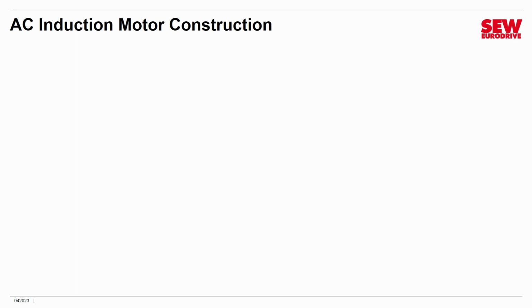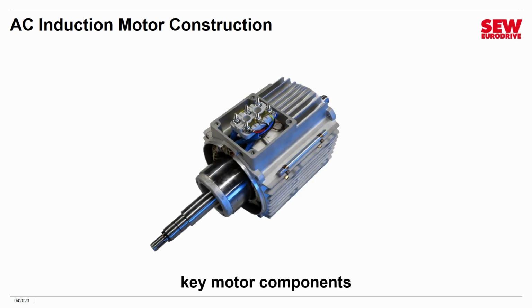So what are the parts of an AC induction motor? Of course, you have some things that are pretty obvious, like what's called the stator. The stator generates the magnetic field that causes the motor to rotate. Everything is enclosed in a housing, which is usually made of cast iron, steel, or aluminum.